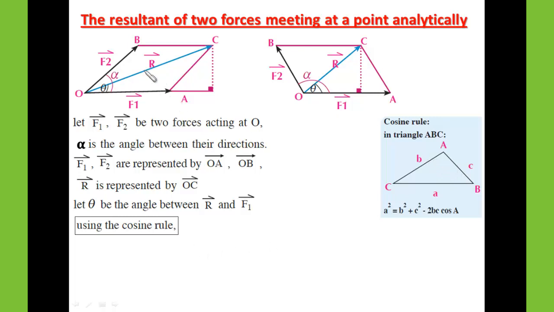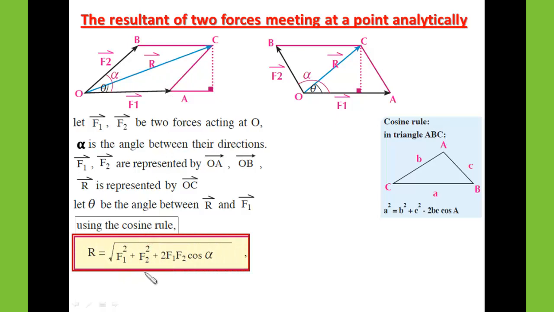Back to the forces. R equals the square root of F1 squared plus F2 squared plus 2 F1 F2 cosine alpha, and we'll prove it. Theta is the inclination angle of R with the first force.